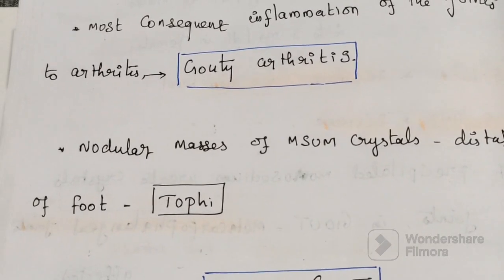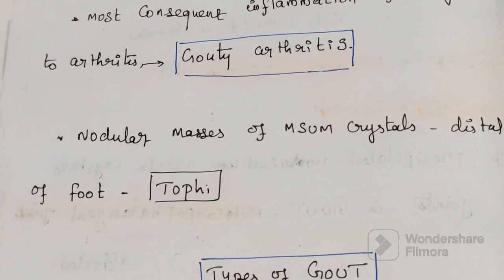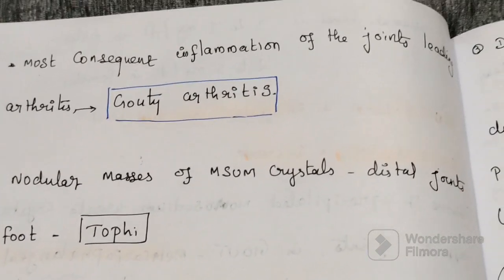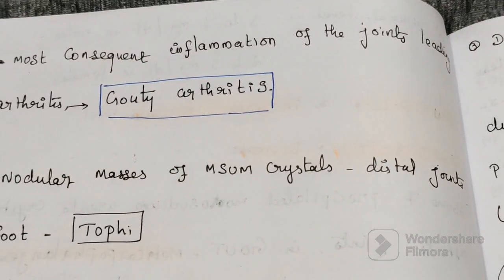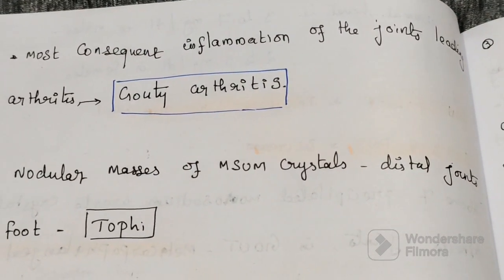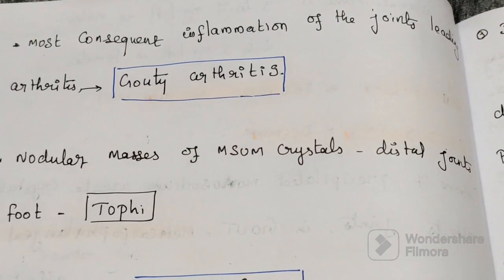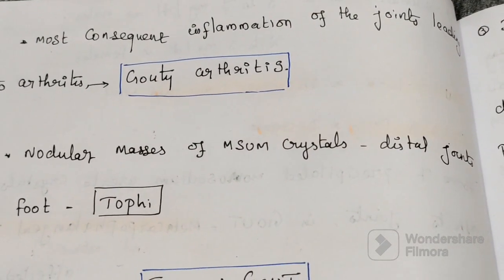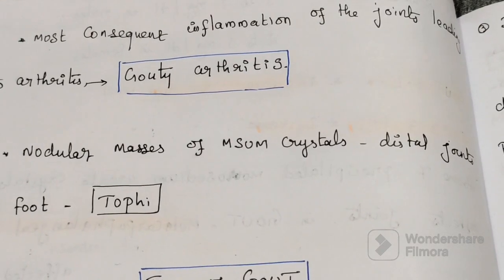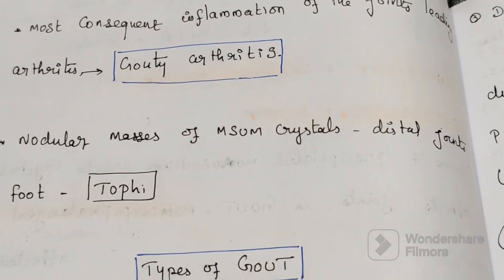There may also be nodular masses of monosodium urate monohydrate crystals in the distal joint of the foot, which are known as tophi.